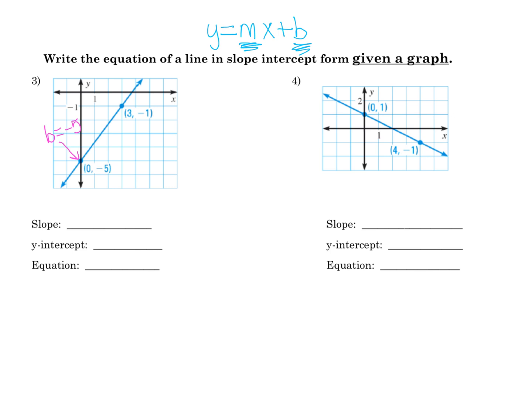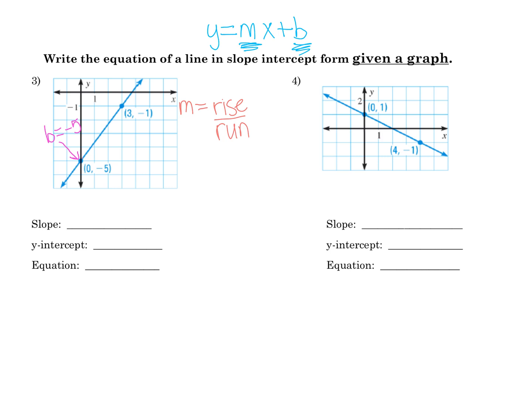Okay, then from that point, we want to now find our slope. So if you'll remember correctly, your slope is equal to what we call rise over run. So you're going to pick 2 points on the graph, and you're going to count how far you have to rise and run to get from point to point. Now I usually start with the lower point, so I'm going to start right here at negative 5, and I'm going to count how far I have to rise to get up to the point (3, negative 1).